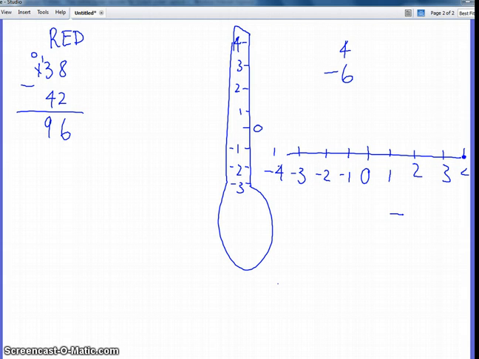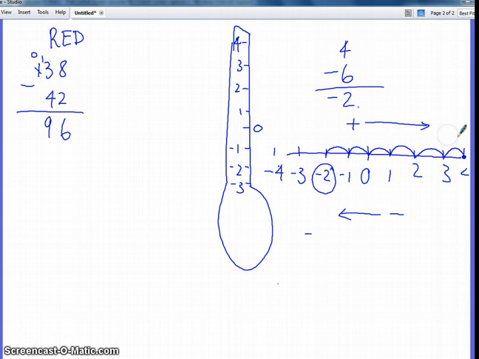Anytime you take, you're going this way. Anytime you add on a number line, you're going that way. If I said 2 plus 2, you'd be going that way. Does that make sense? Yep. So 4 take 6, you're starting there and you're moving 6 places. 1, 2, 3, 4, 5, 6. Wherever you land, 4 takes 6 is -2. And so the number line in the early stages will get you to understand negative numbers and how they sort of look, because they're hard to see because we don't really use them very often.